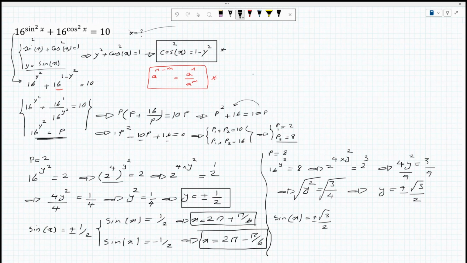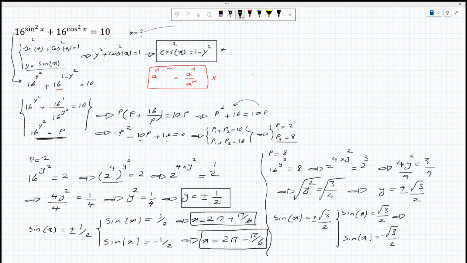And again, we're going to have two cases. Sin x is equal to the square root of 3 over 2, and sin x equals minus the square root of 3 over 2.